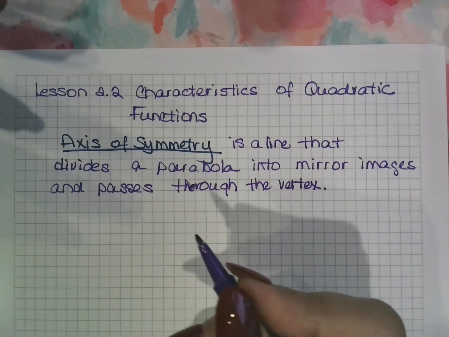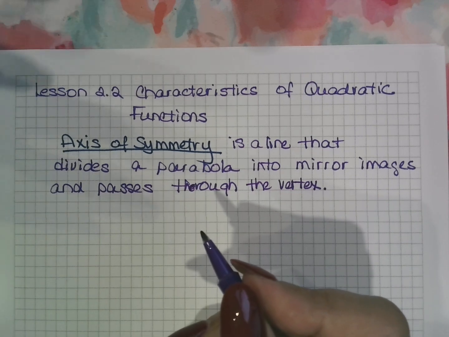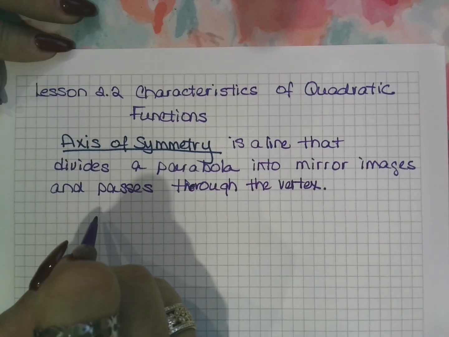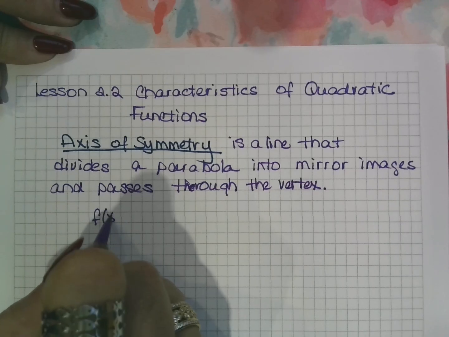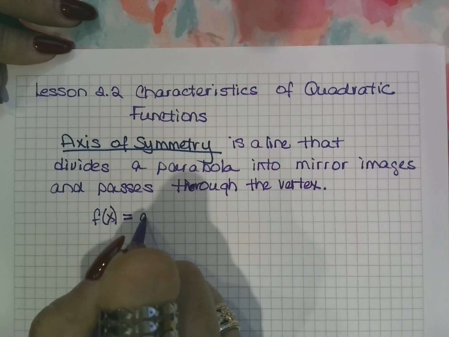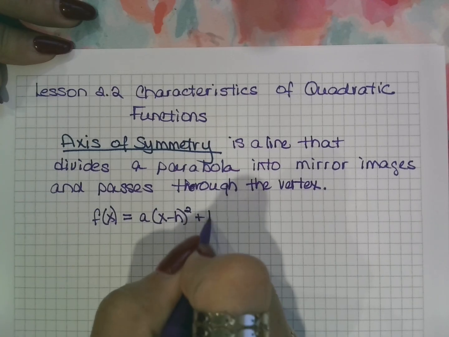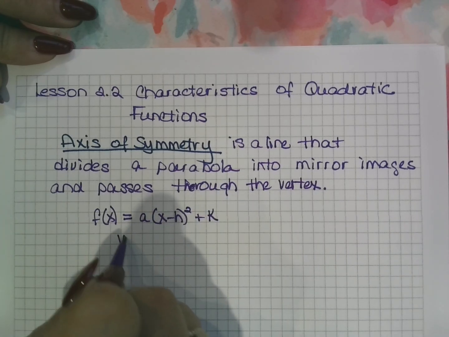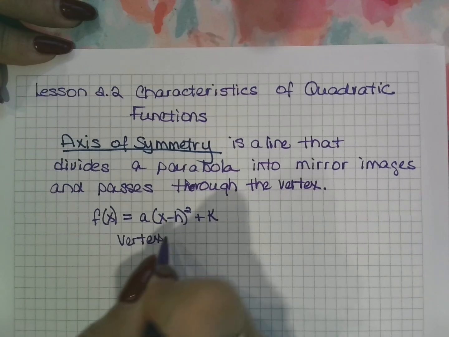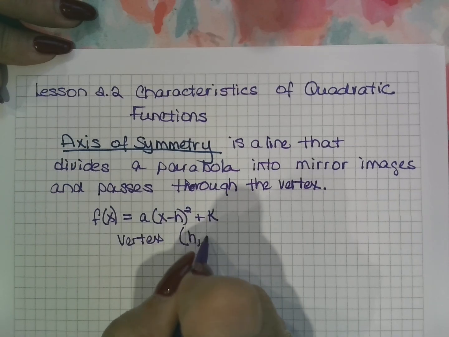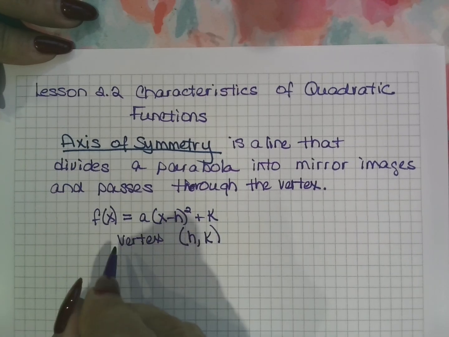Okay? And for our purposes right now, we're going to start off with vertex form. So we're going to use f of x equals a times x minus h squared plus k, where your vertex is at h comma k.